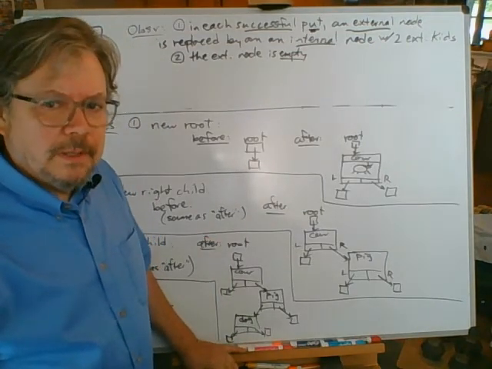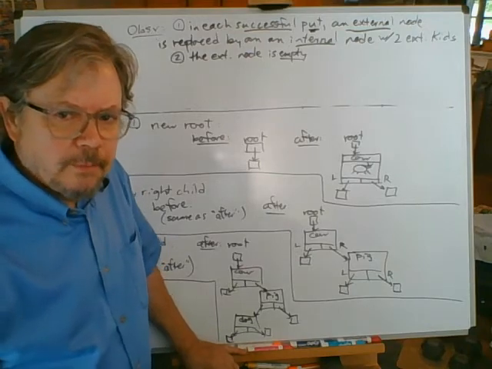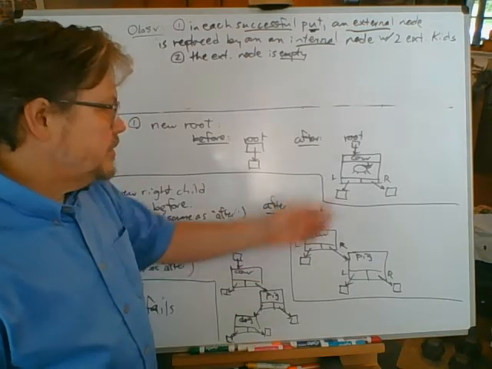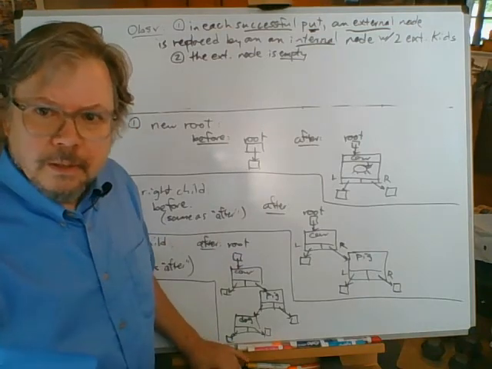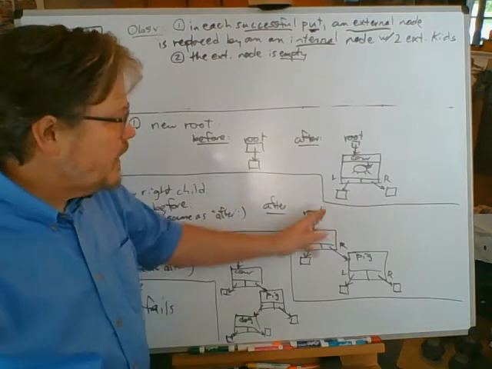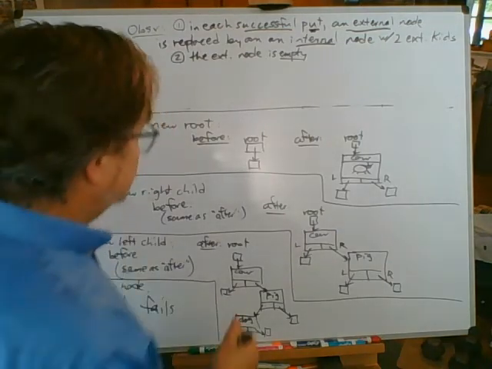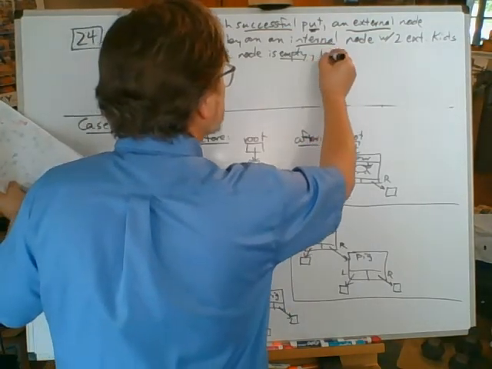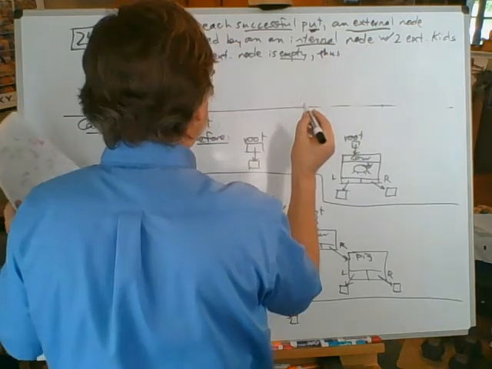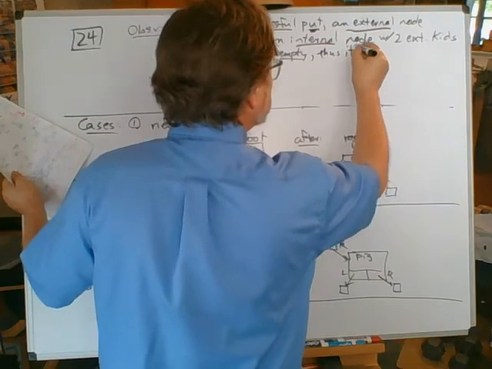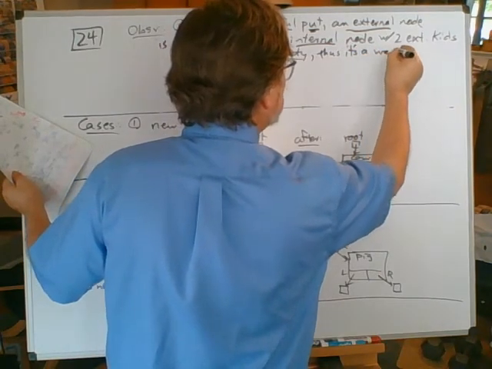It's not for every application for a binary search tree, so we've got to be careful making these extremely broad generalizations. But in our case, the external node is really just a placeholder. That's where a new node is going to go if I have to go to the left or right off the bottom of the tree. The external node is empty, thus, that must mean something important is coming. The external node is empty, thus, it's a waste of memory space.